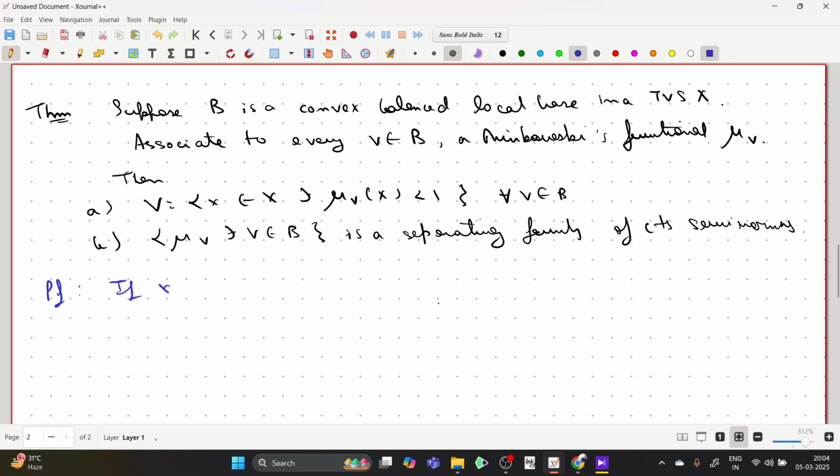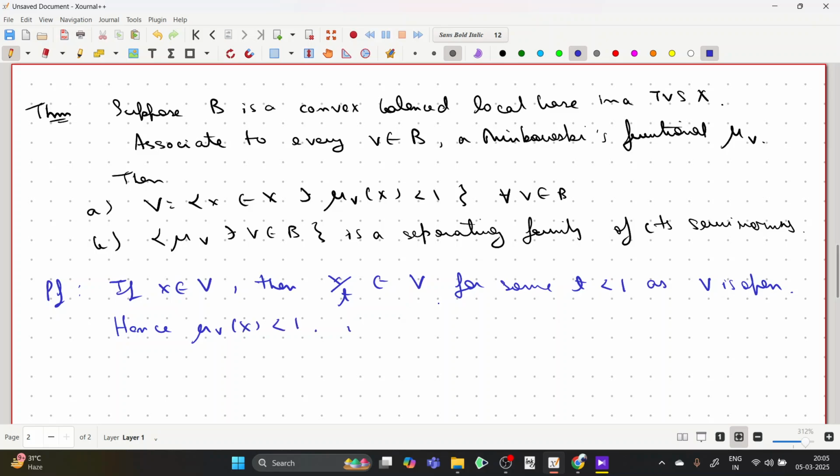Now if x is in V, then x by t is in V for some t less than 1 as V is open. Hence this proves that mu V of x is less than 1, right?